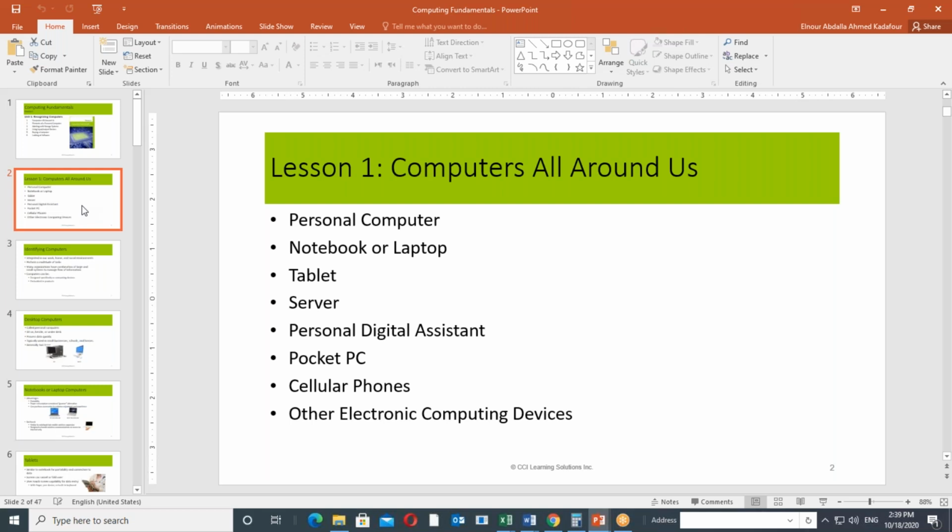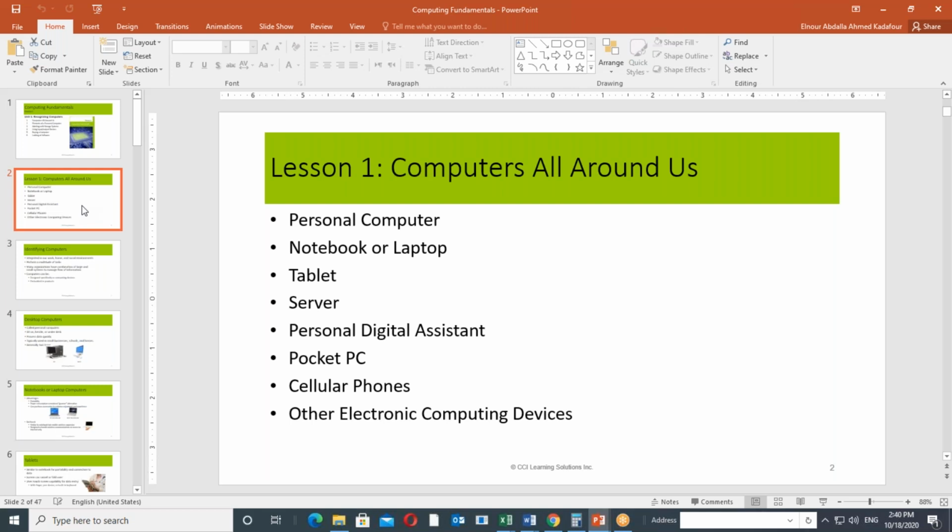We have notebook or laptop computers. Most of you, maybe right now, are using laptops. A notebook is similar to a laptop, but with fewer functions than a laptop, or smaller size as well. So at the end of the day, it is a computer.